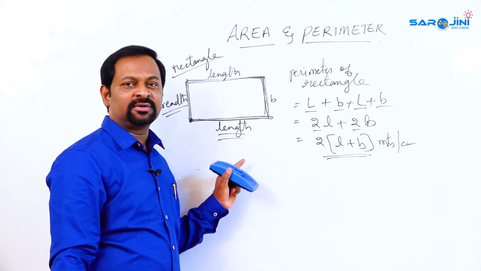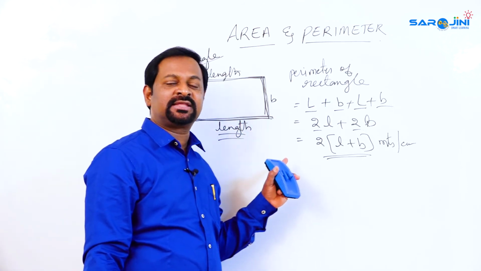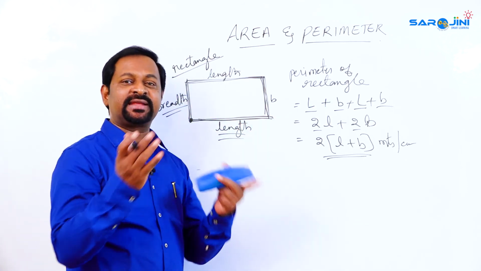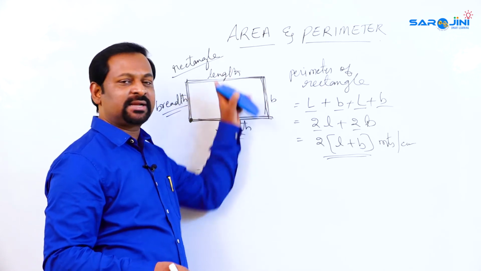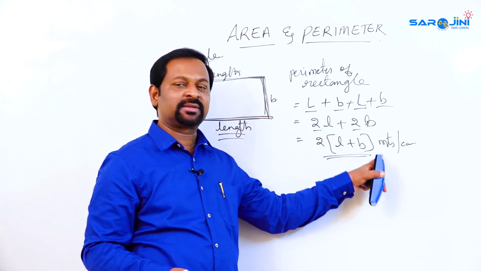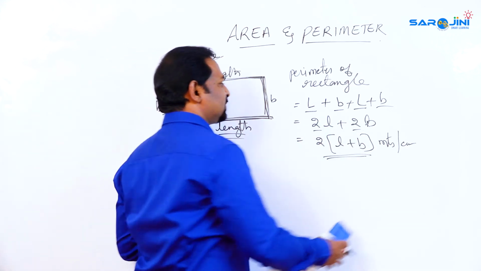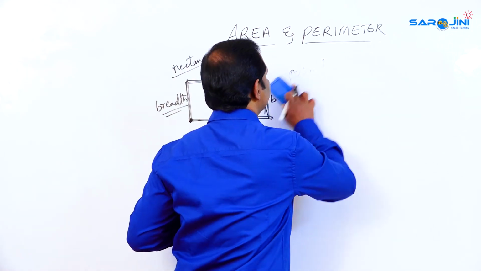And the perimeter of a square is 4 into side, because all sides are equal. Here 2 length sides are equal and 2 breadth sides are equal.